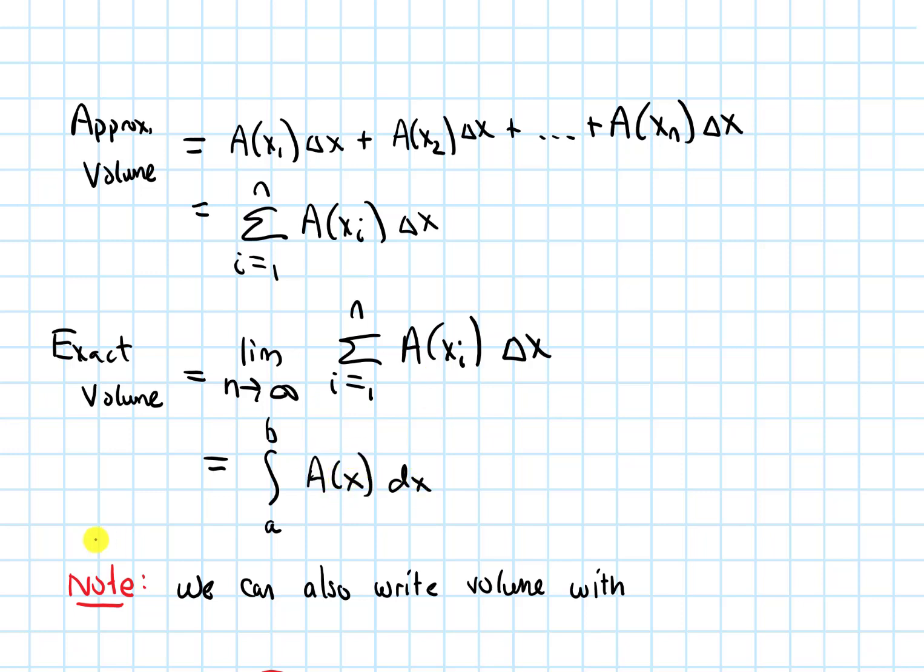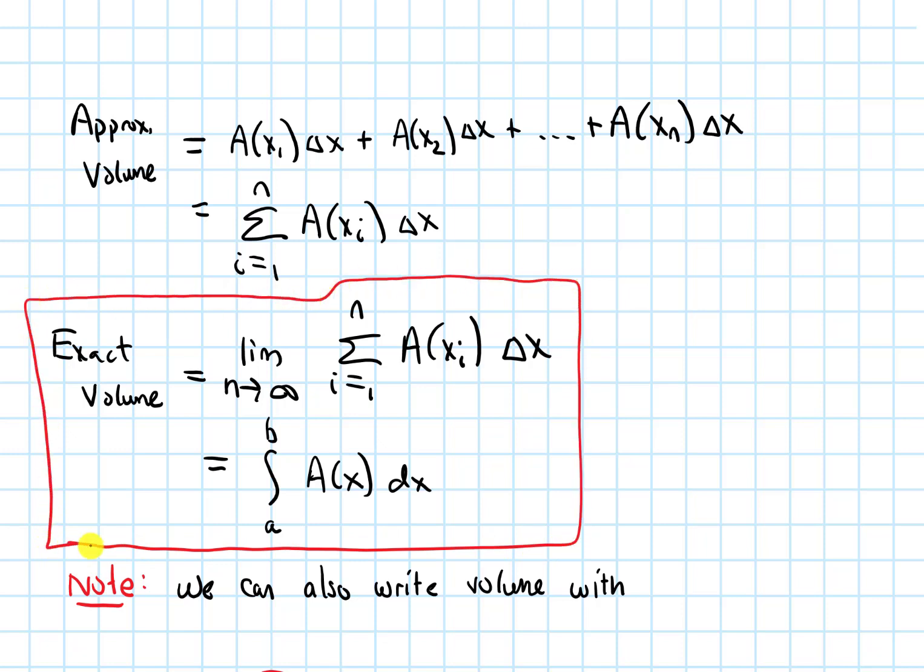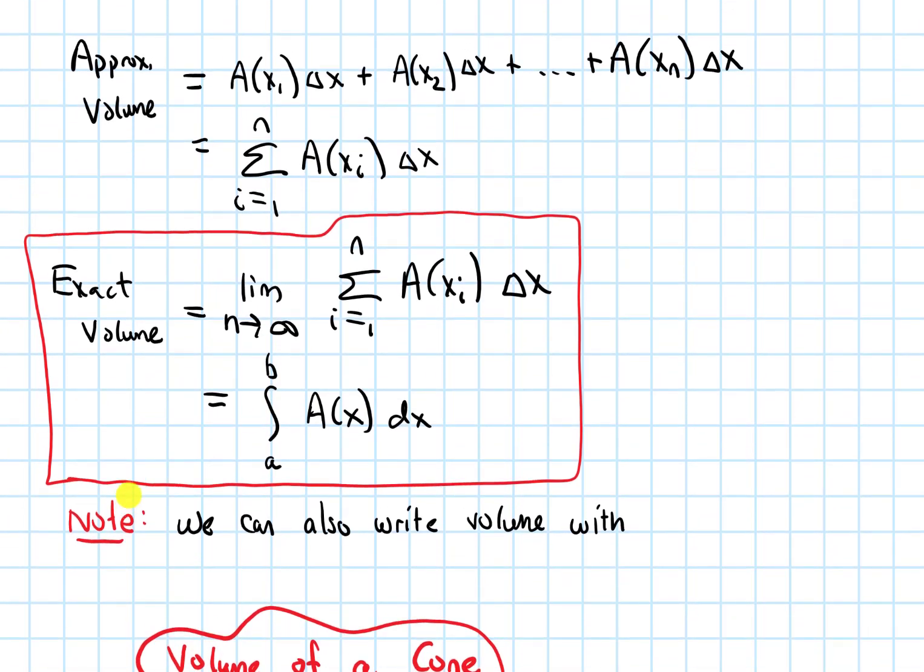All right, so I'm going to put a box around this. This is going to be our formula to get the exact volume. We'll need to get an area formula for a cross section and then integrate that from a to b. And these numbers will depend on how I set up my axes and where my variable goes from. I also want to note that we could write the volume with a dy integral.